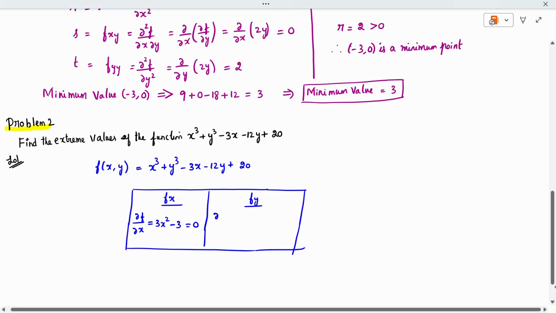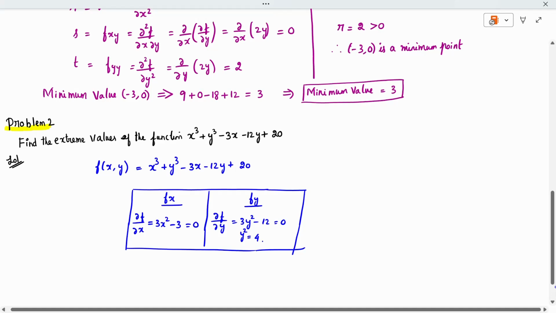Same way, ∂F/∂y: 3y squared minus 12 equal to 0. So y squared equal to 12 divided by 3, so 4. Y squared equal to 4.